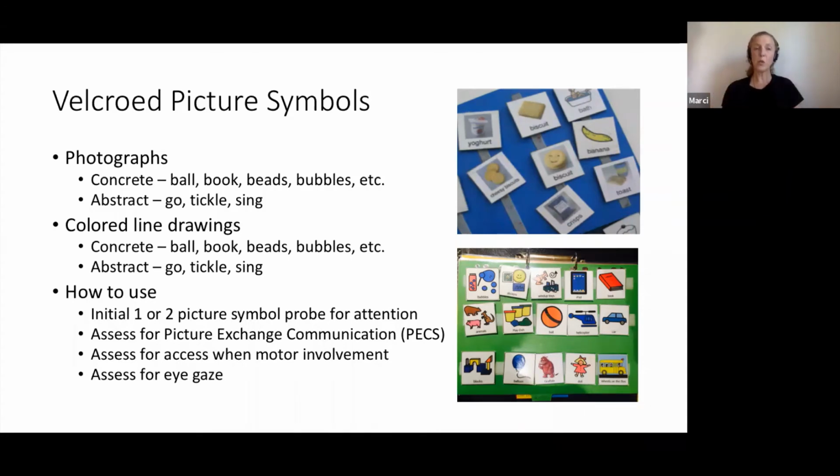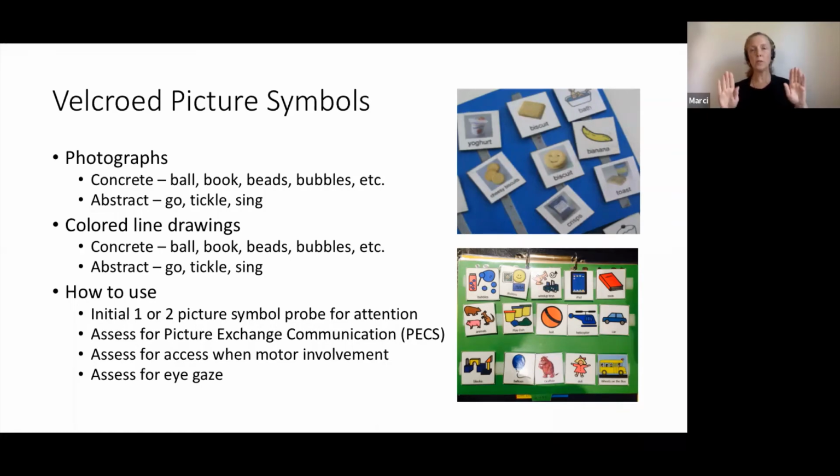For some kids who use the picture exchange communication system, or PECS, I will have my Velcro picture and I will probe for phase 1 of the picture exchange system. Those are typically for the communicators who have very low initiation and no symbol use, and you can refer to the literature on the picture exchange communication system for more information on that.